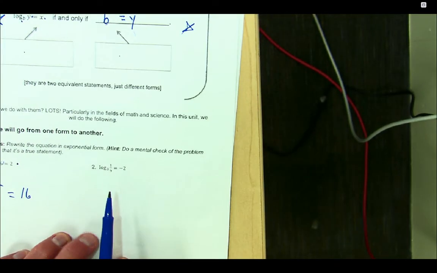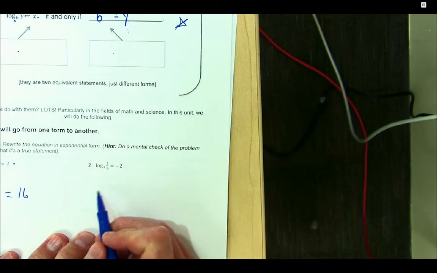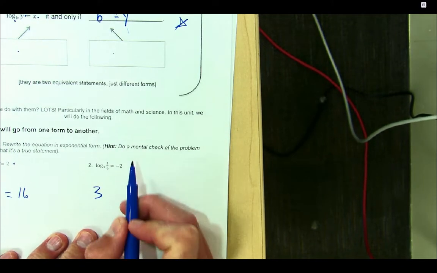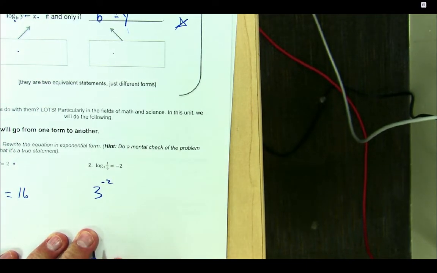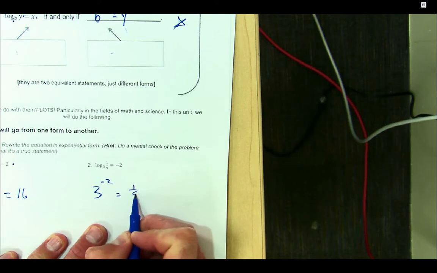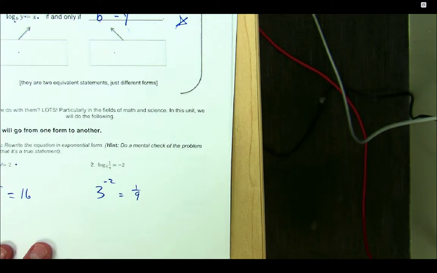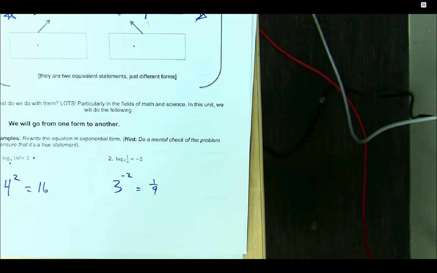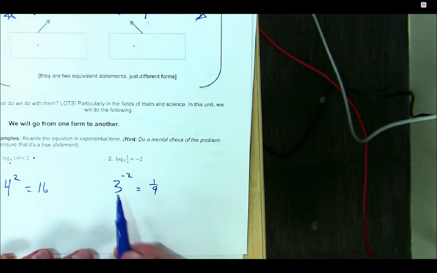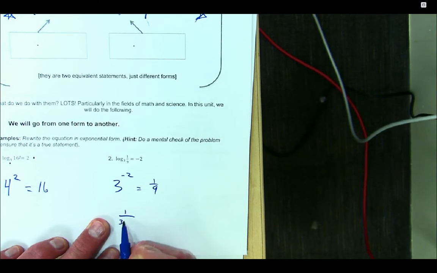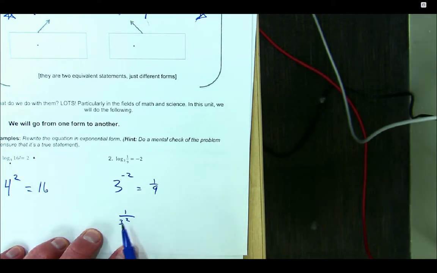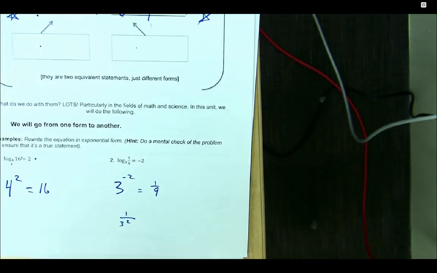So let's take a look at this one here. Base to the power of what's over here equals what's next to it. 3 to the power of negative 2 is equal to 1/9. Is that true? Well, yes, negative exponents mean 1 over 3 to the positive 2, and 3 to the positive 2 is 9.